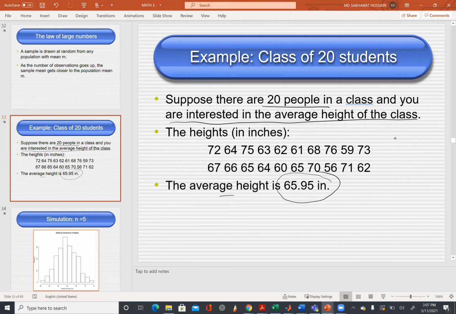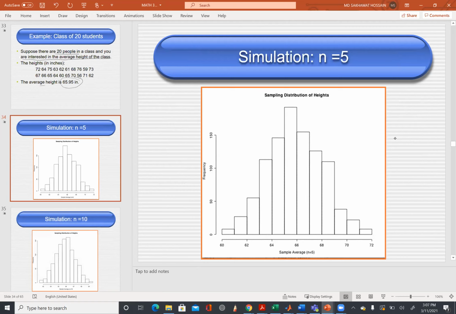Now we'll do a simulation. Simulation means we'll take samples and construct the distribution for the mean. Among these 20 students, we selected 5 students and we selected all possible samples. Then we constructed the histogram for X bar.